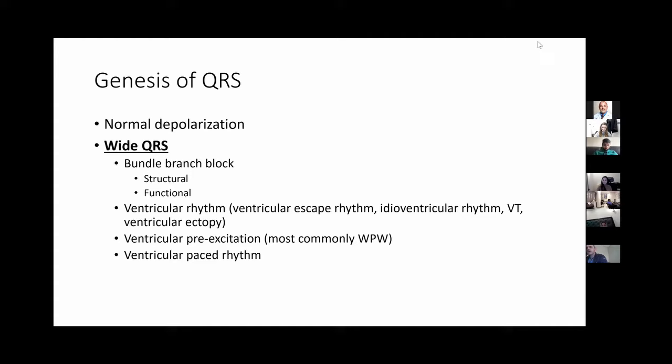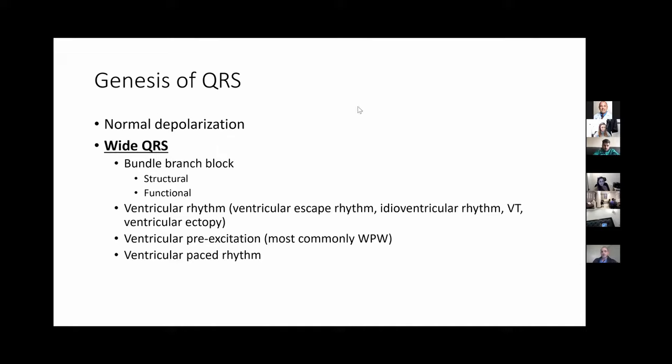Hopefully not a STEMI neuro. All right, sorry guys for that.